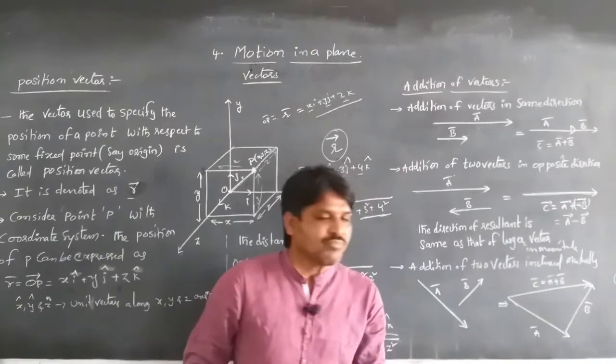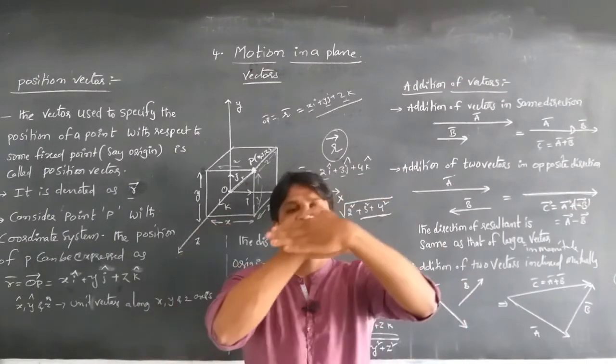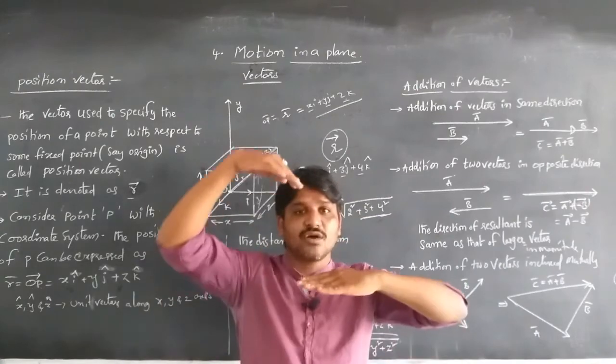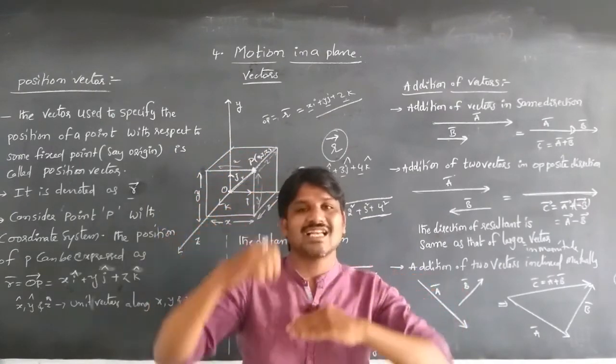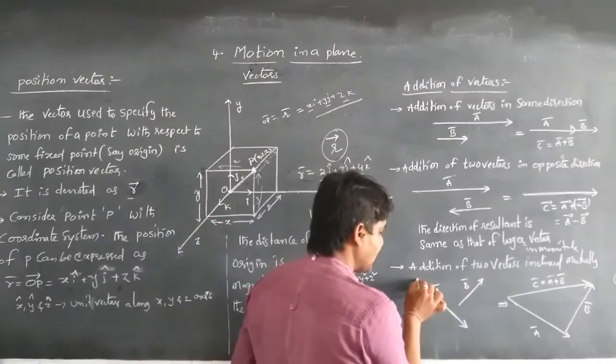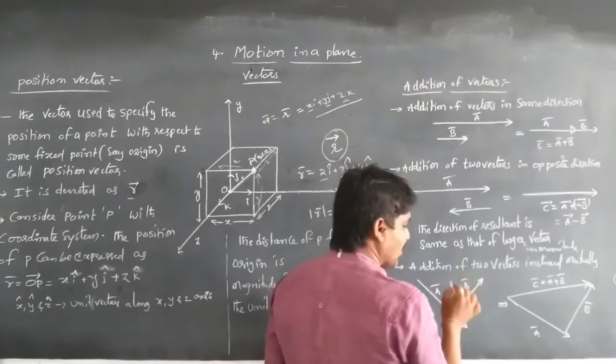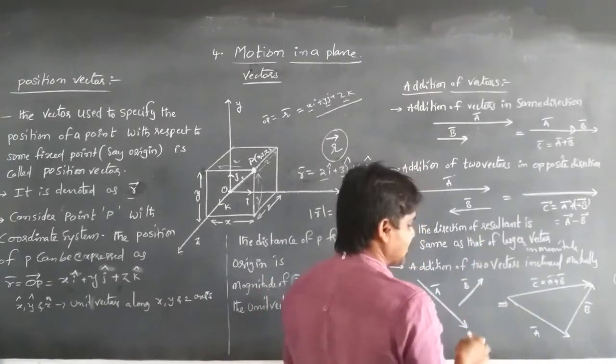Next, if two vectors are mutually inclined like this, A bar is moving in this direction and B bar is inclined, then the resultant vector is like this.